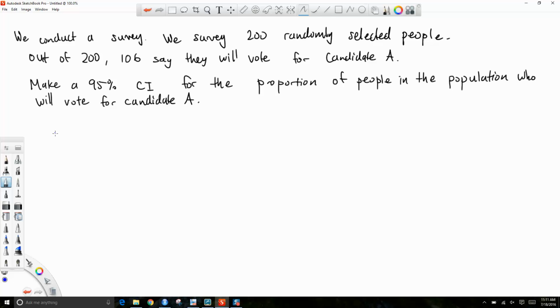We should figure out our p-hat first. This p-hat is our sample proportion. What is our p-hat?